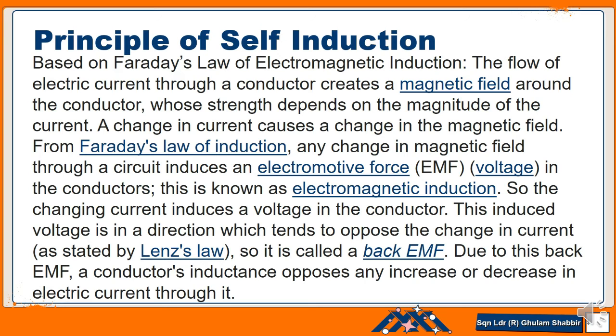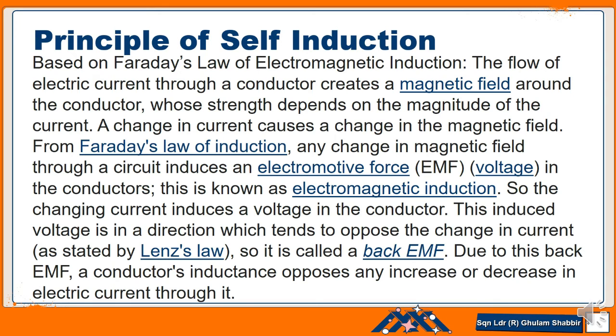From Faraday's law of induction, any change in the magnetic field through a circuit induces an electromotive force, EMF or voltage, in the conductor. This is known as electromagnetic induction. So the changing current induces a voltage in the conductor. This induced voltage is in the direction which tends to oppose the change in the current, as stated by Lenz's law. So it is called the back EMF.